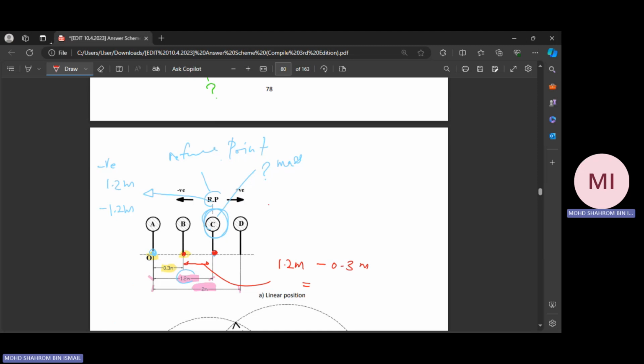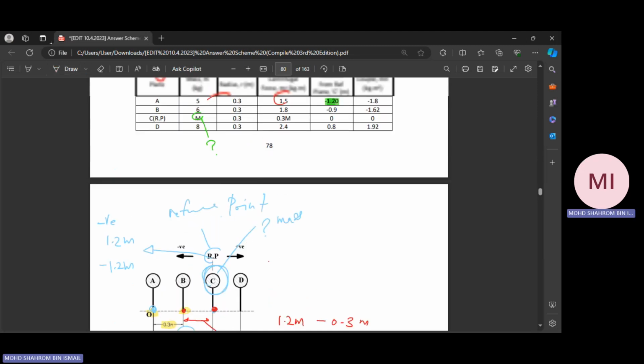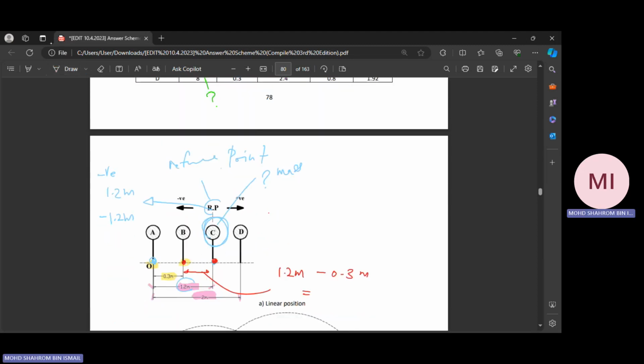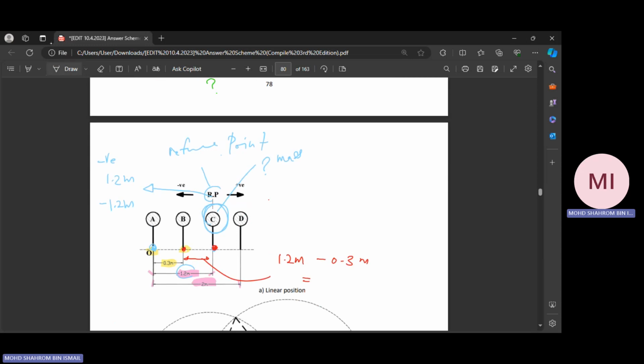Therefore, it's going to be equivalent to 0.9 meter. And since it moved from point C to B, and C is the reference point, we're going to put negative 0.9 meter.